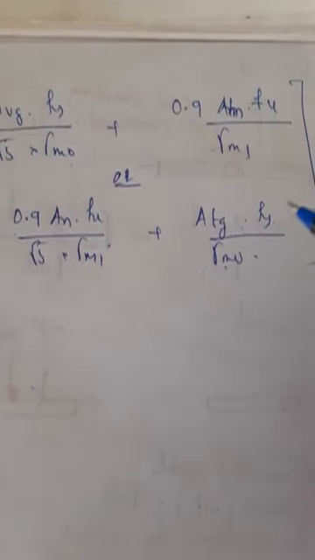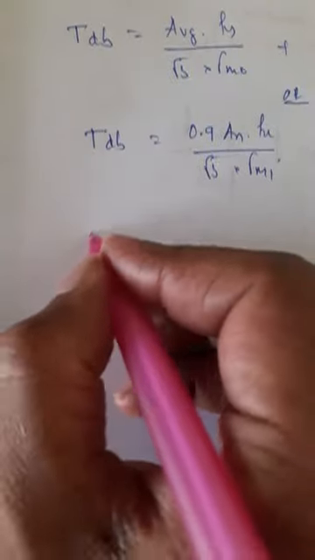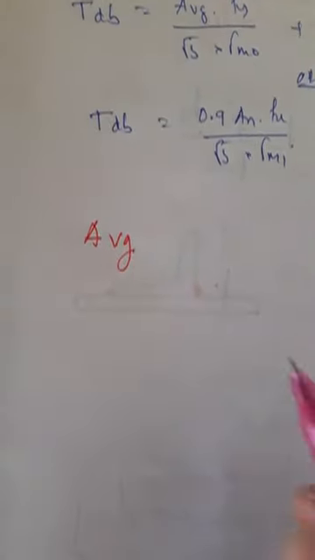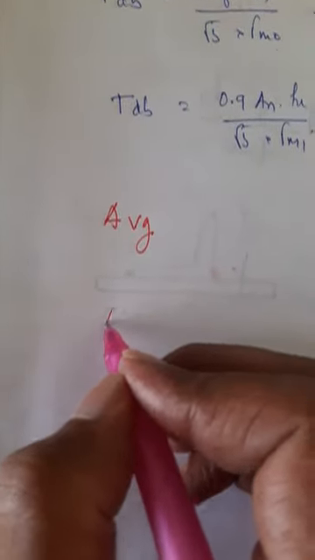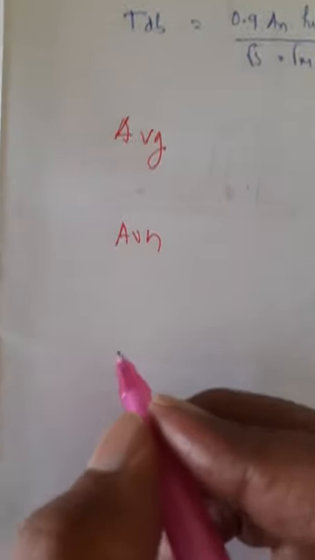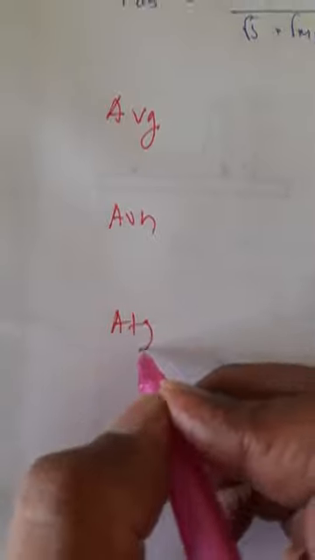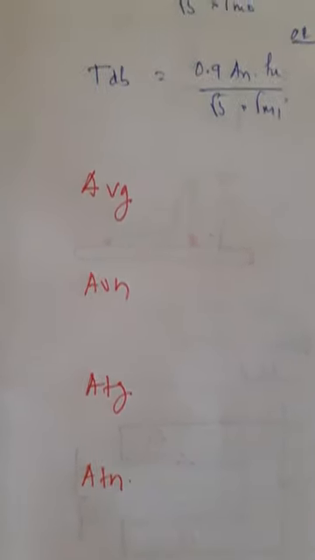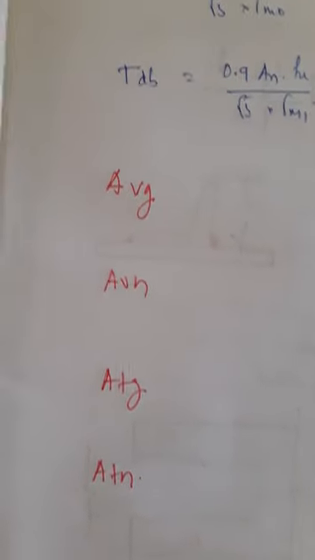Now if you look at these equations, there are a lot of terms. So we will try to find out how to calculate each of the terms. The first terms you come across are AVG, AVN, ATG, ATN. Even the basic definitions of these terms are given in the code.